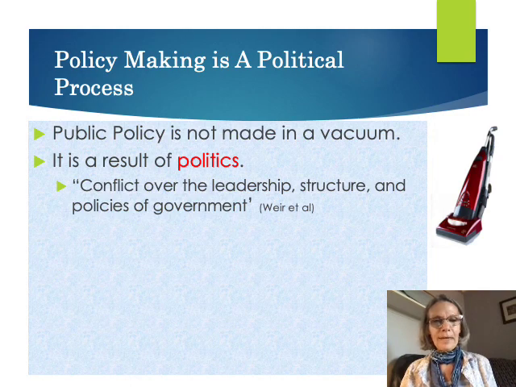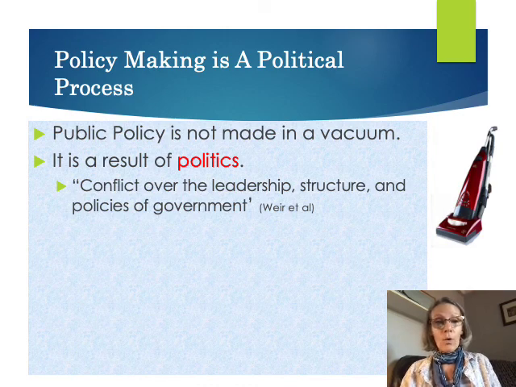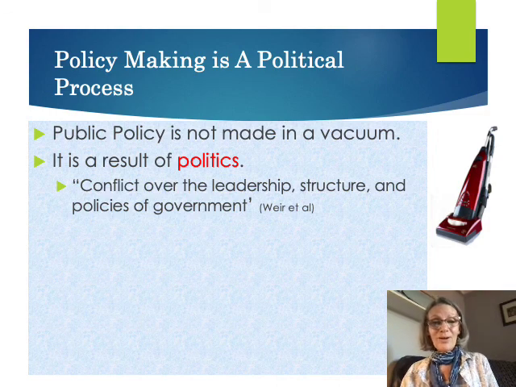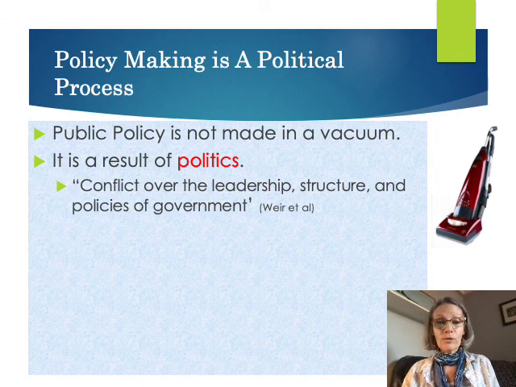What does that mean? Well, what that means is that people in a democracy struggle in order to influence who's going to lead us, who's going to be the president, who's going to become our members of Congress, who's going to serve as our governor, right? And so people will go to the ballot box and they'll vote, and the candidate that gets the most votes generally wins. That's politics.